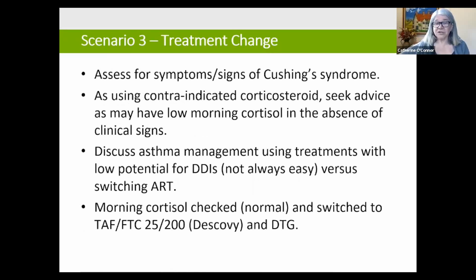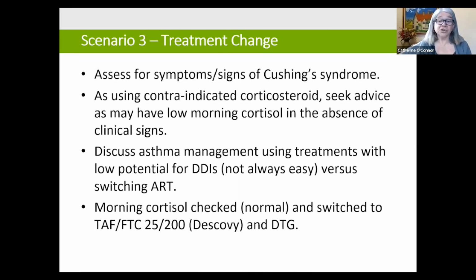So let's get back to our patient. First of all, we need to look at her for symptoms of Cushing's syndrome, because we know that she's at risk of it. And secondly, as she's using a contraindicated corticosteroid, we need to seek advice as to whether we may want to do a morning cortisol in the absence of clinical symptoms.